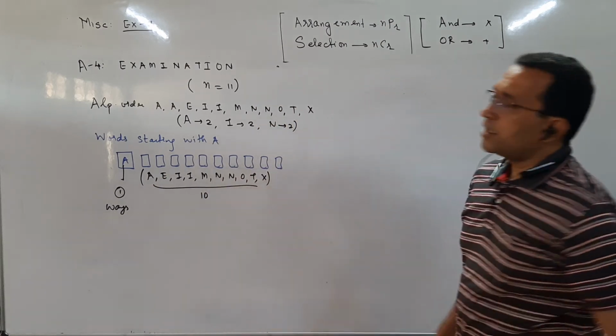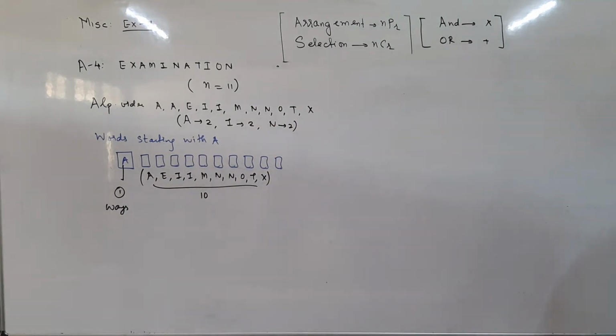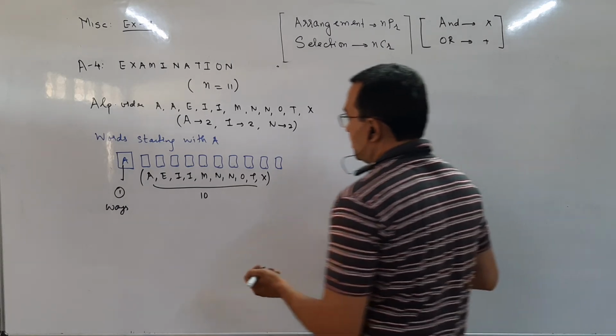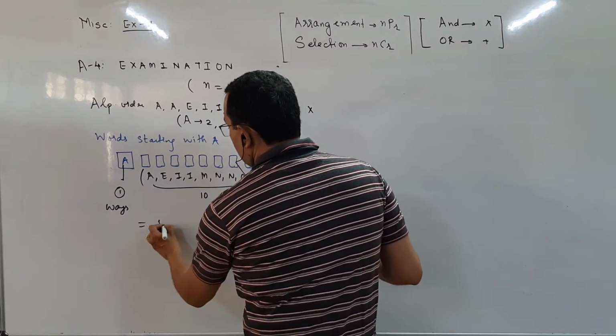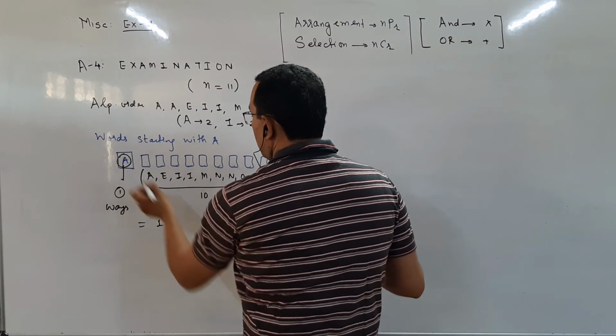So before the word starting with E, students, we will have words starting with A. That much you have to understand. So indirectly here we are told to find how many words start with A. Now, the words starting with A will be 1 into, because this A can be arranged in only one way.